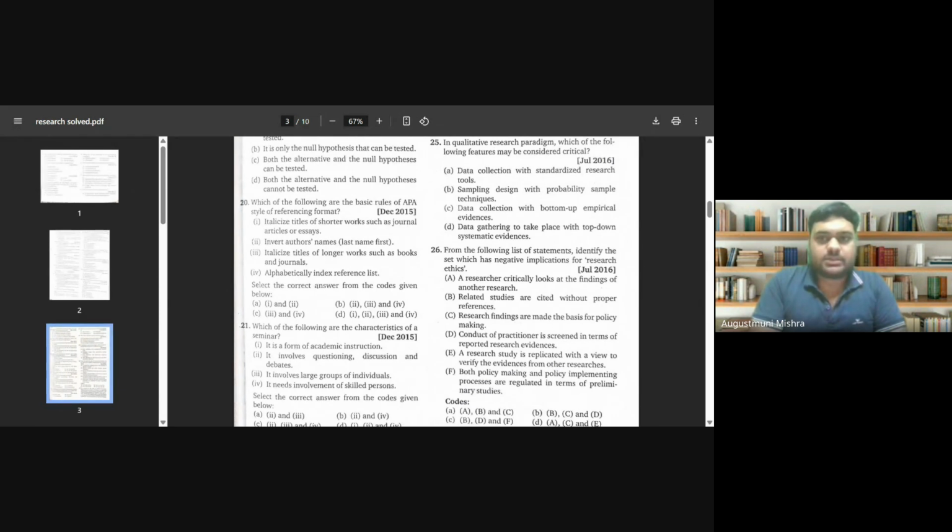Okay, D. The correct answer of question number 25 is C. Data collection with bottom-up empirical evidences. Correct answer is C. We'll move to another question, that is 26.